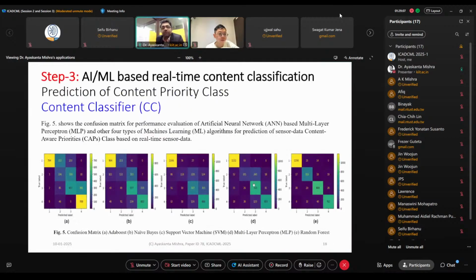Then step number 3 is applying the real-time sensor data classification. As we have got the content characteristic modeling, based on that, we are going to implement some classification algorithms. Here we have compared the performance of 5 different algorithms. One is AdaBoost, second is naive Bayes, third is the support vector machine, fourth is the multi-layer perceptron, that is the artificial neural network based, and the last one is the decision tree based random forest.